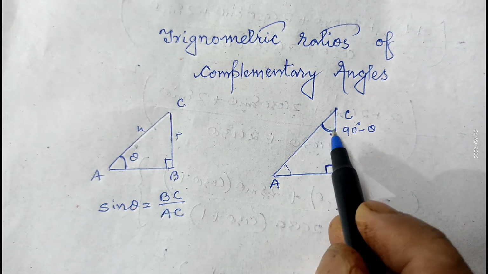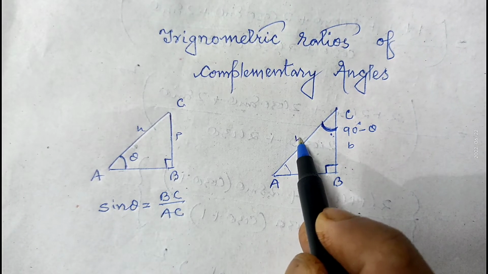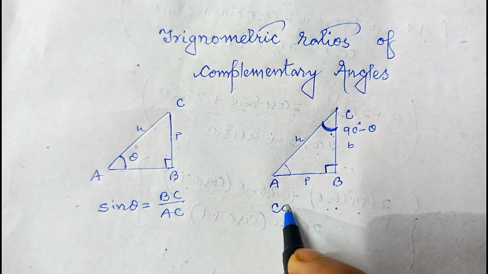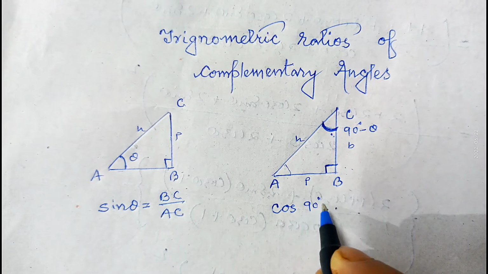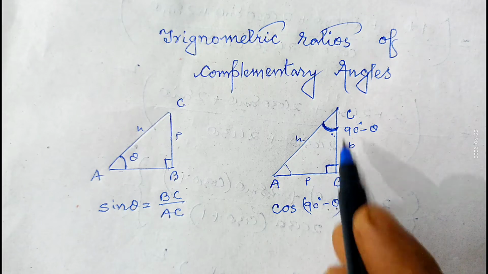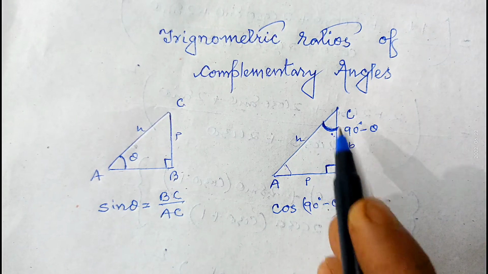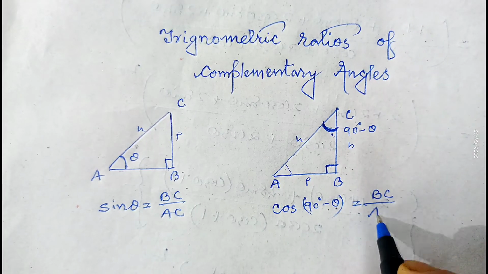Now if I consider this one to be the base angle, then this will be the base, this will be the hypotenuse, and this will be the perpendicular. In this triangle, if I calculate cos of this angle C, that is 90 minus theta, then it will be BC by AC.